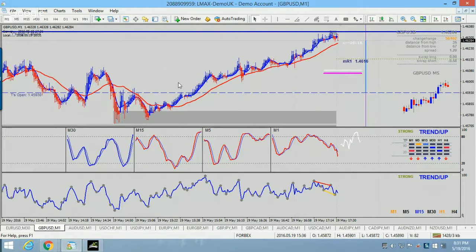So here we are, and as you may see, we have the MetaTrader 4, and as I said, I would like this webinar to be a continuation.